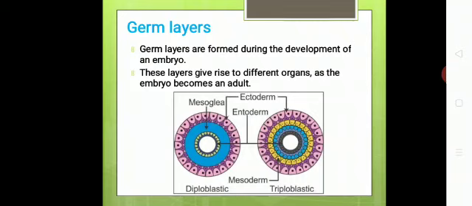So germ layers we have two: diploblastic, with only outer ectoderm and inner endoderm, and triploblastic, with three layers including the mesoderm between the ectoderm and endoderm.